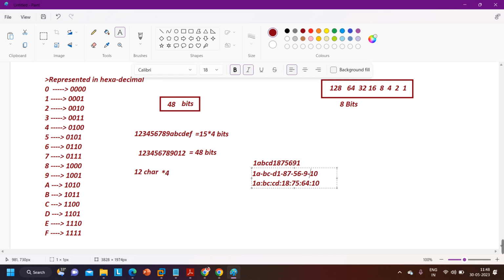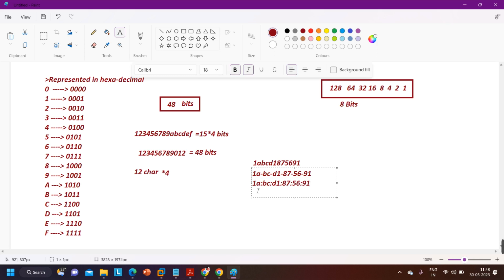This is the actual representation of this MAC address. Like I want to represent say MAC address with colon, so I can represent it 1A colon BC colon D1 colon 87 colon 56 colon 91.